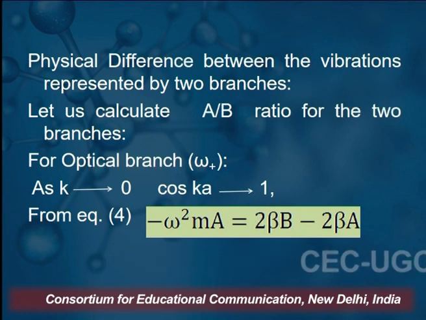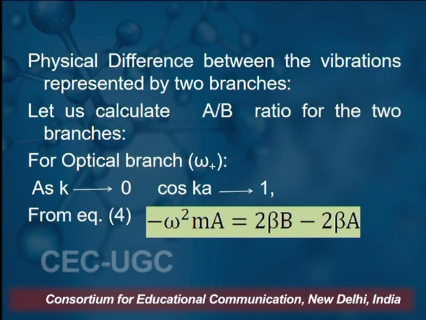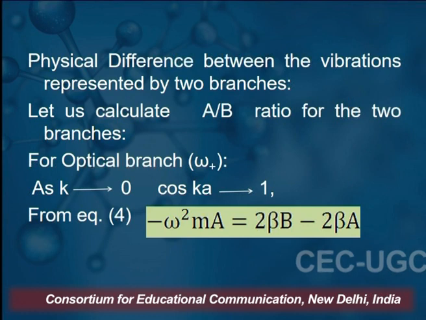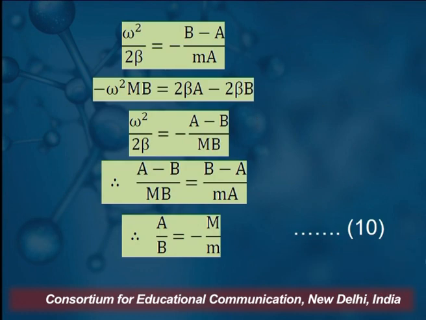So, equation 4 will take the form minus omega square small m into A should be equal to 2 beta B minus 2 beta A, or omega square by 2 beta will be equal to minus of B minus A upon small m into A.